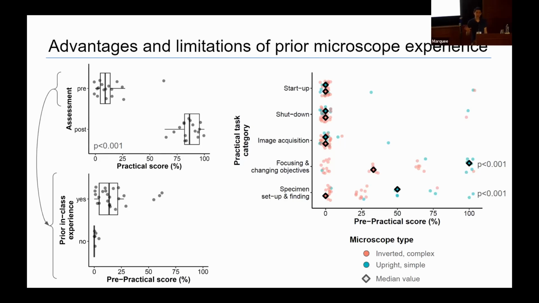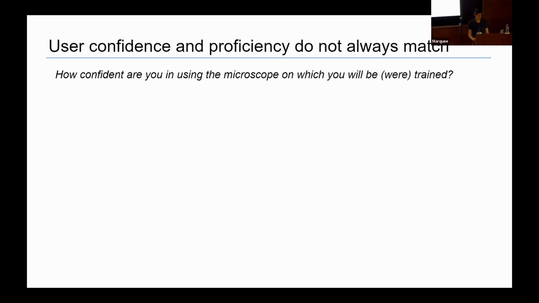So here we can see the effect of the students' prior experiences that allows them to do some basic tasks, but only to the extent that the scope they're being trained on is similar to the one that they've actually seen before. And we can also see sort of the power of having the pre and post assessments that allows us to know a little bit more about the students' prior knowledge and also to actually quantify the effect of our training.